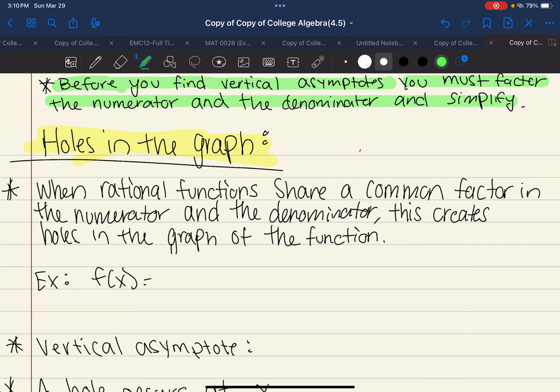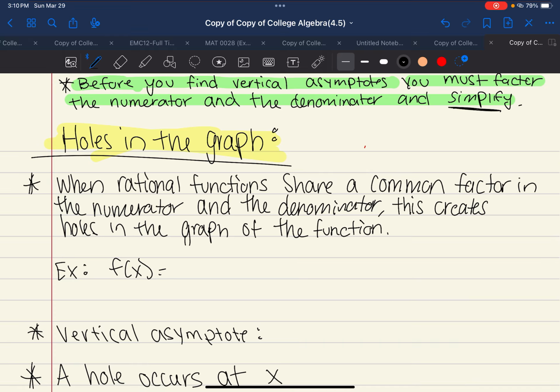Now, you only need to simplify the rational function when you're finding the vertical asymptotes. You always need to go back to the original when you're finding the domain or anything else. When you're graphing it or anything else, it's only this vertical asymptote part. Okay, so I'm going to explain more what this means.